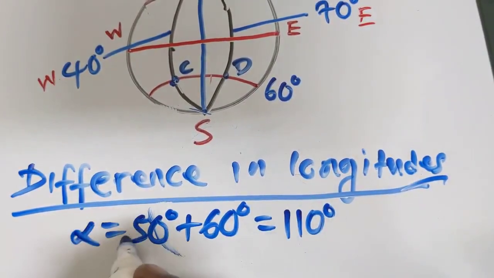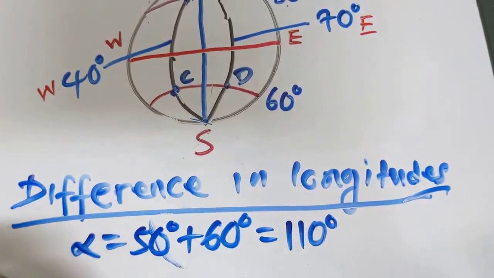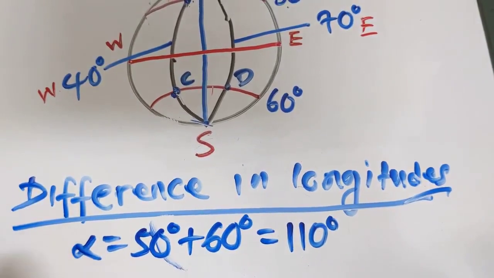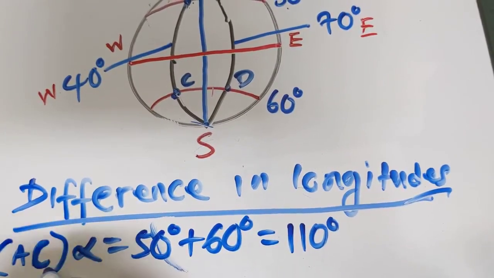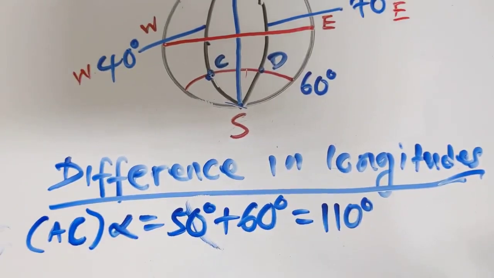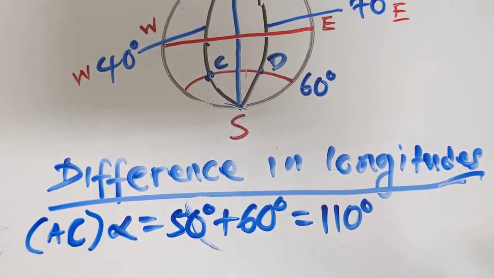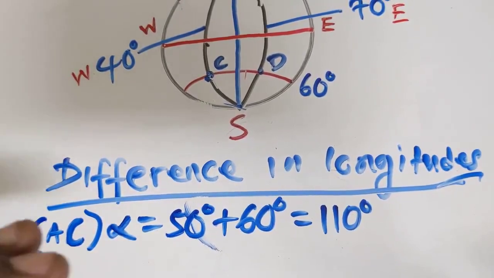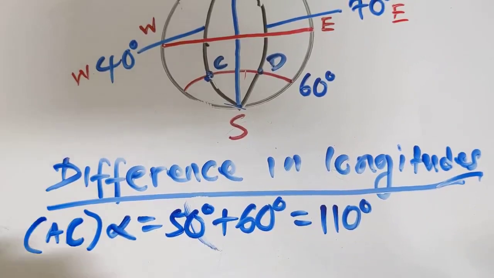So this is the difference between A and C. When they're in different hemispheres, we add.